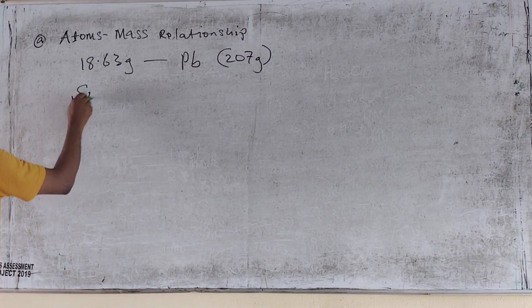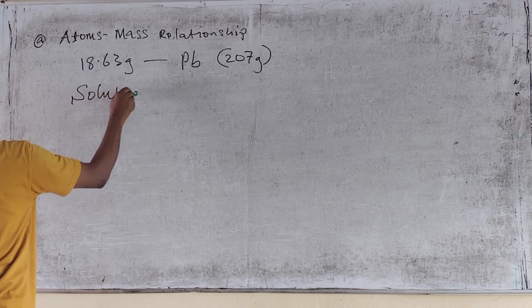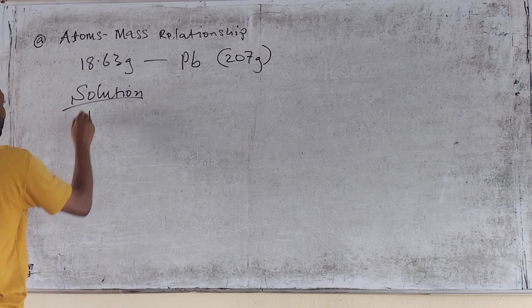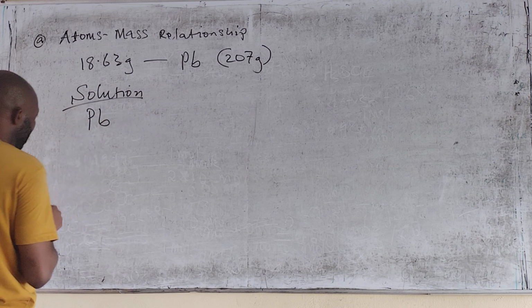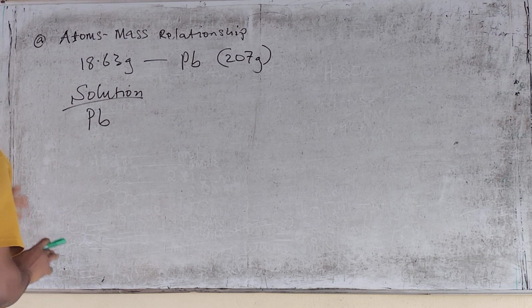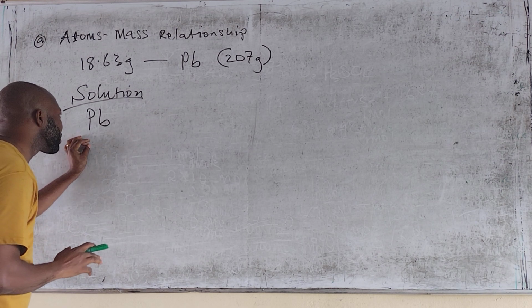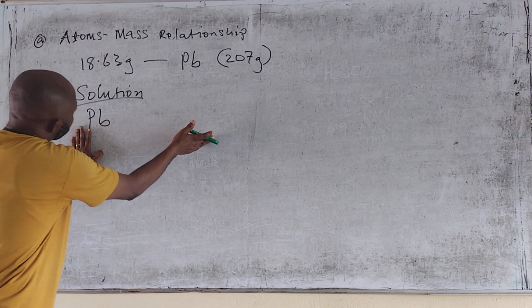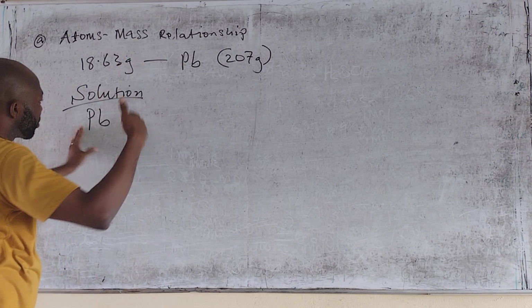Solution. So we have lead, Pb. Now we say atoms mass relationship. So how many atoms of lead will give us how many grams of mass before we can establish?